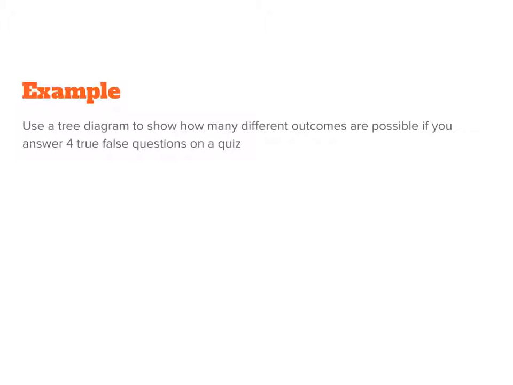We can use a tree diagram to show how many different ways we can answer 4 true-false questions on a quiz. Again, there's the start. Our first question, we've got true or false. Making it a little bit easier, let's use a different color here.